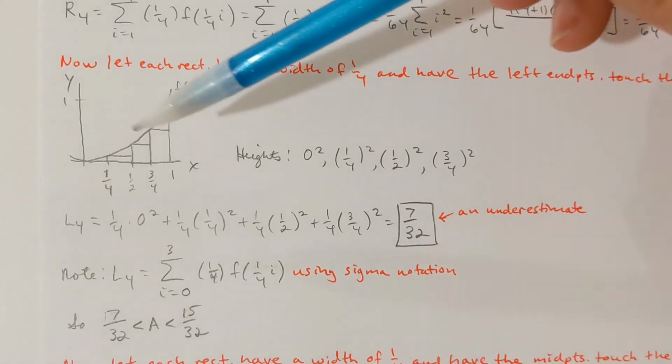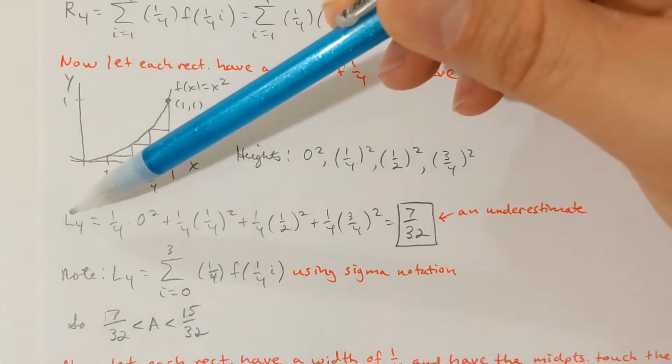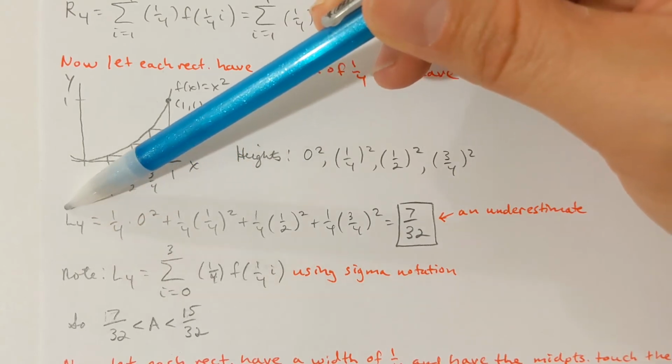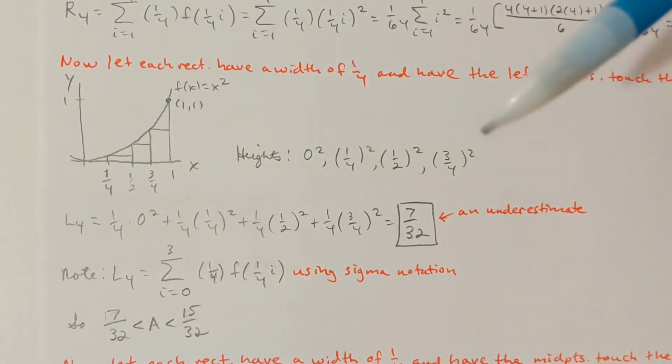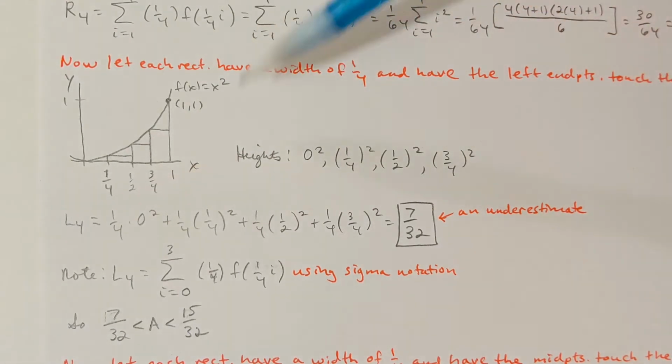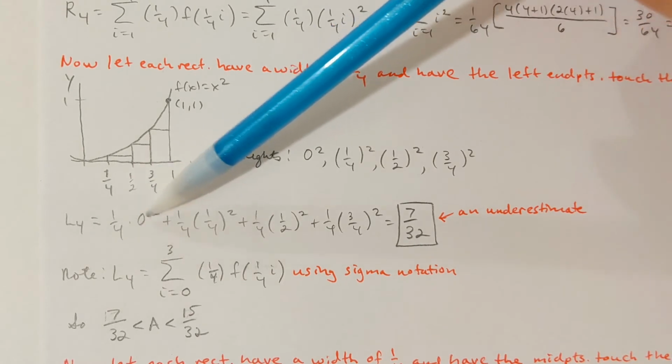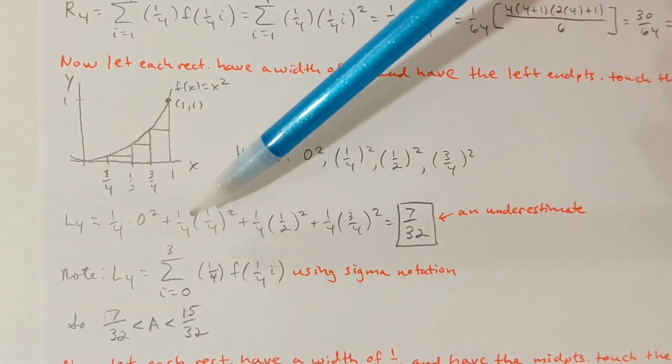Okay. Length times width. Now L sub 4 means that you're using left endpoints and you've got 4 rectangles. Again, this is notation that you'll see in the book. And so, okay, the area of the first rectangle, 1/4 times 0 is 0.